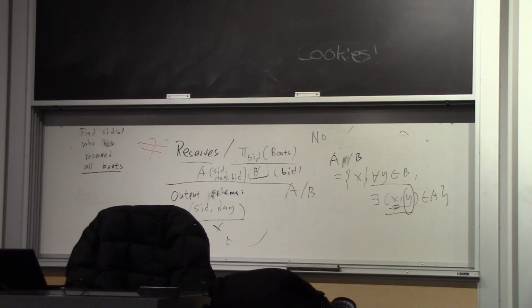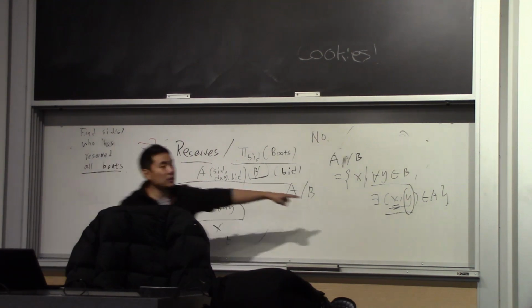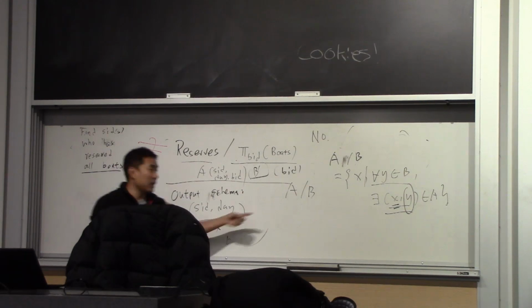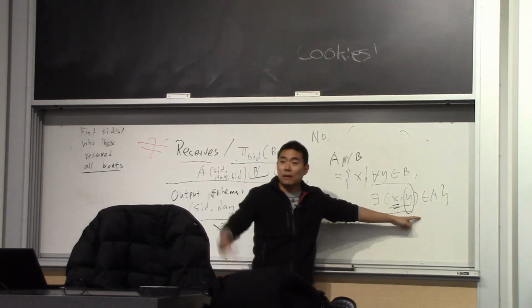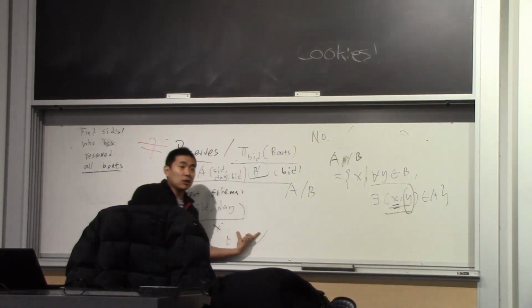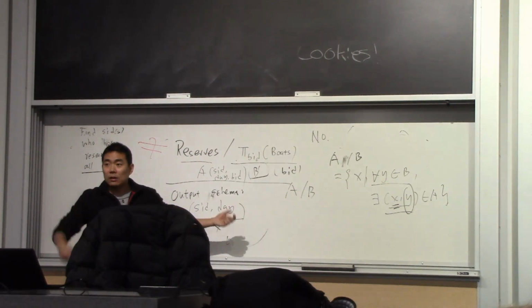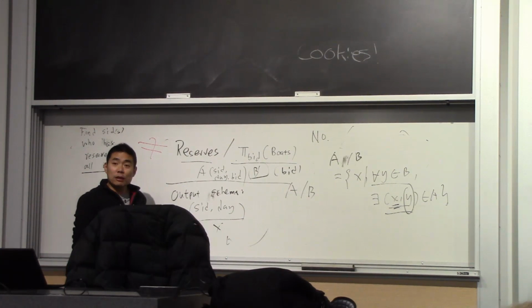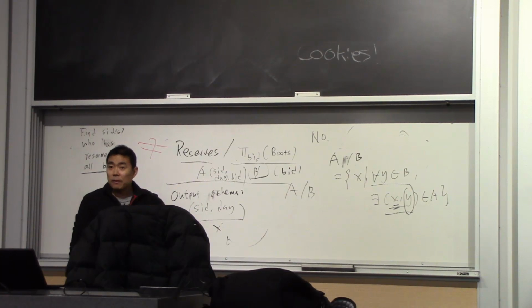Now that being said, can you further tell us whether this query does what we want? It won't do what you want because it'll only get you the SIDs of sailors who reserved all the boats on the same day. Excellent. If you think about the semantics of this, it finds all such x that match with all the y. All the y means all the boats. So you're finding all the sailors who reserve all the boats, yes, but restricted to the case where all these reservations happen on the same day.